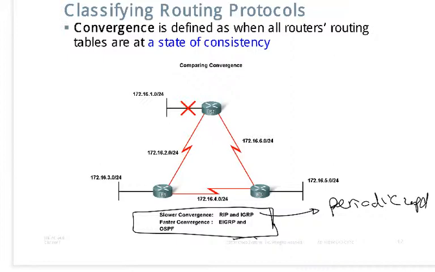So for a change in the network to propagate to the entire network, it takes time, because each time you have to receive a routing update and calculate. In the link state case, you don't have to calculate anything. You just forward the link state.